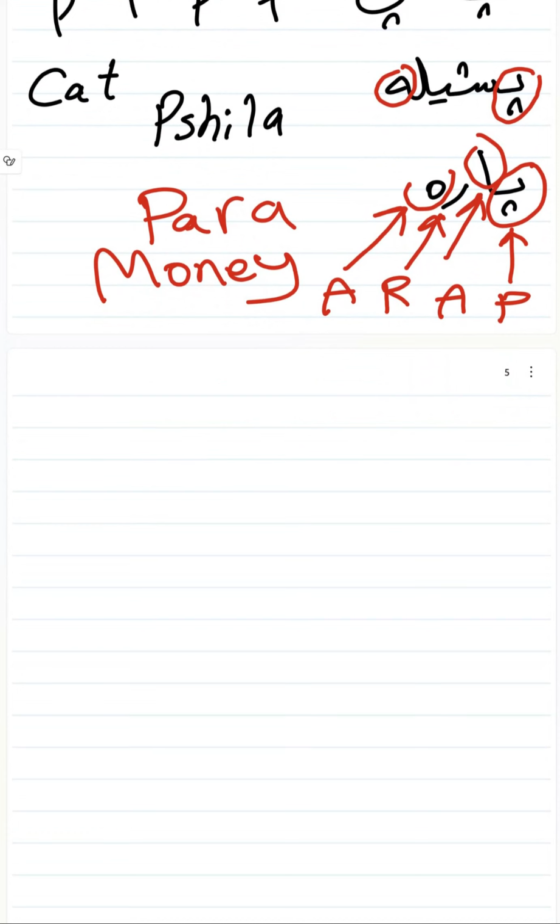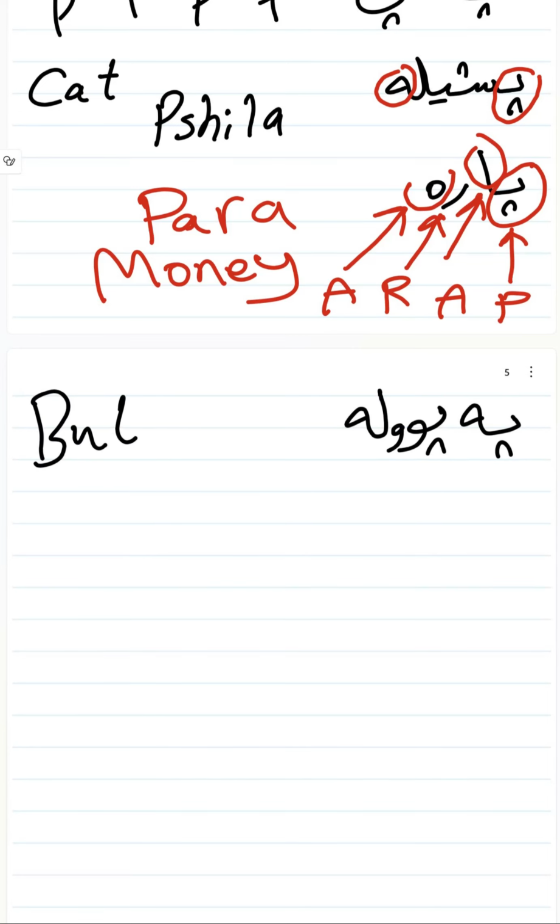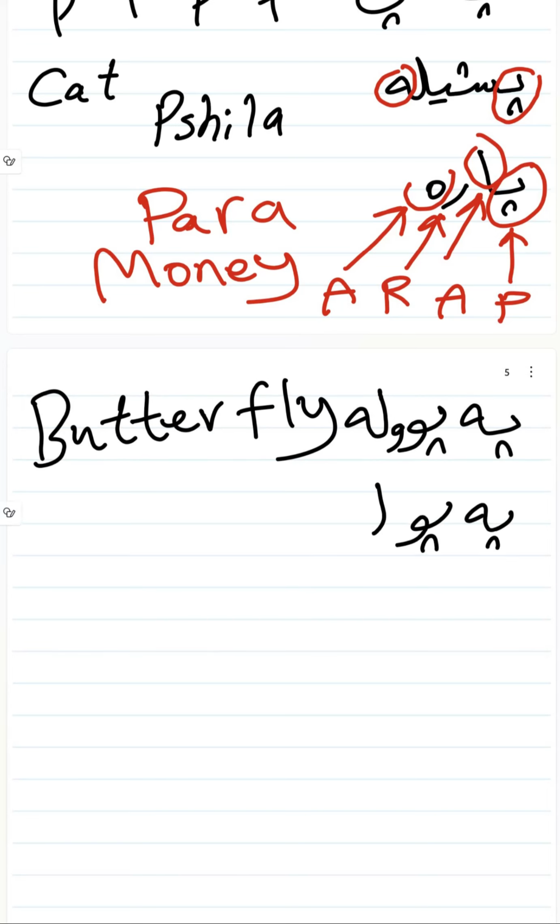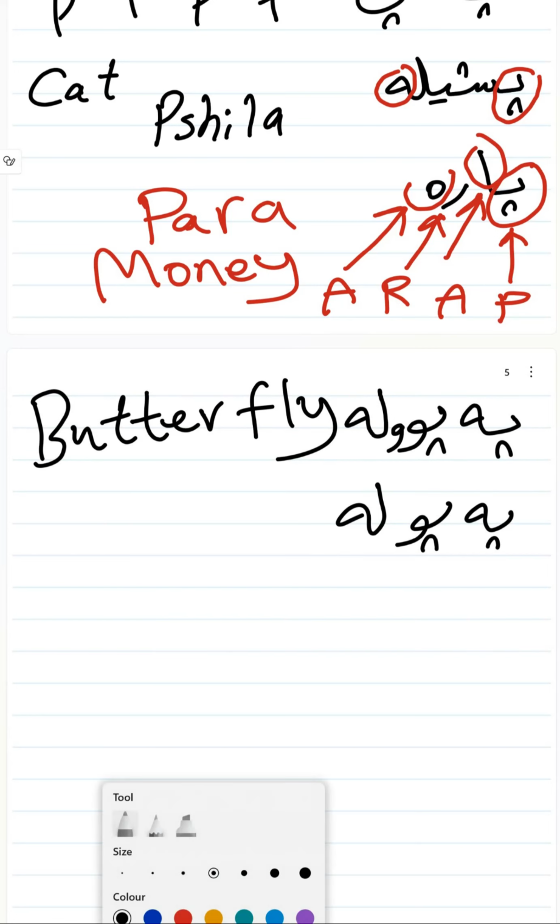Okay, so let's see what is the next word. The next word will be papula. Pa-pu-la. This is double U, in fact. Papula means butterfly. Butterfly. Papula. Let's separate our letters.